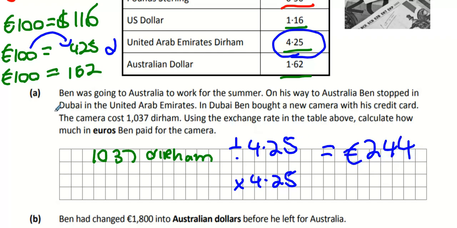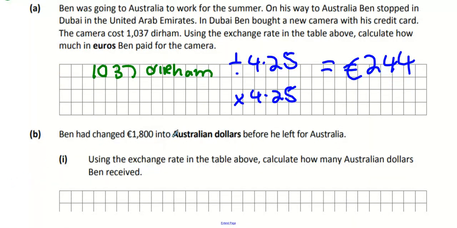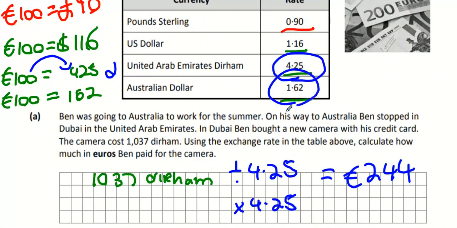Okay. Next one. Ben had changed 1,800 into Australian dollars before he left for Australia. How much money did he have? Australian dollars, bigger number or smaller number? How'd you know it's bigger? 1.62. €100 is actually the same thing as $162.